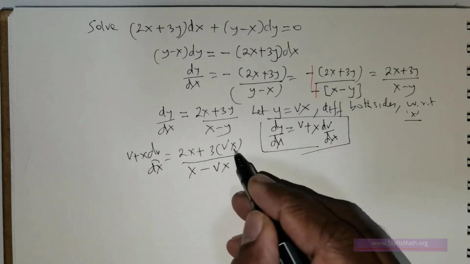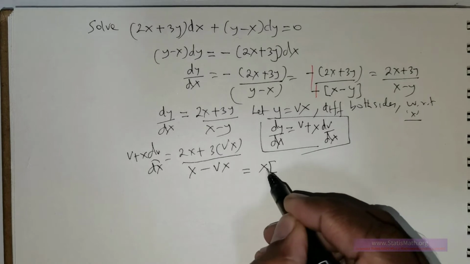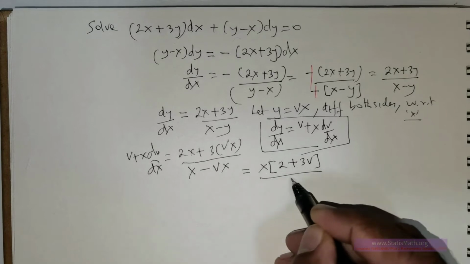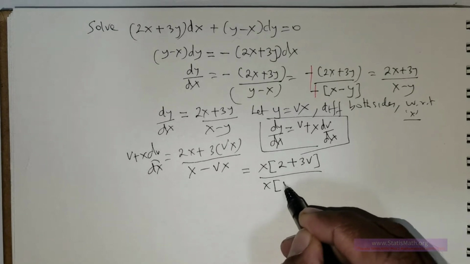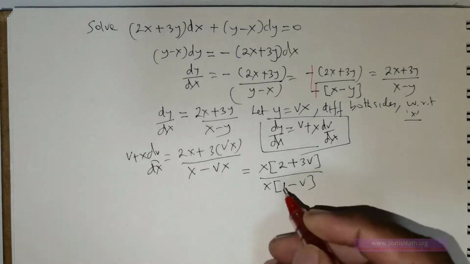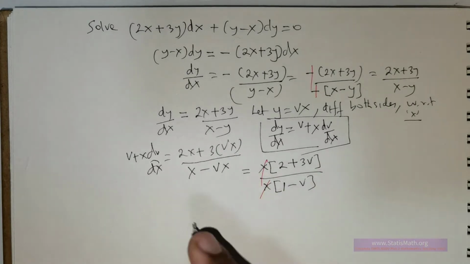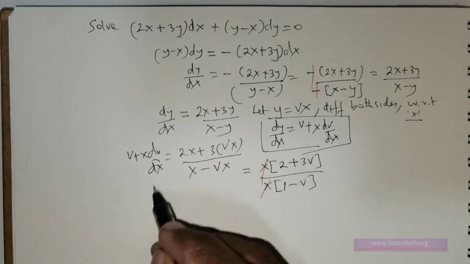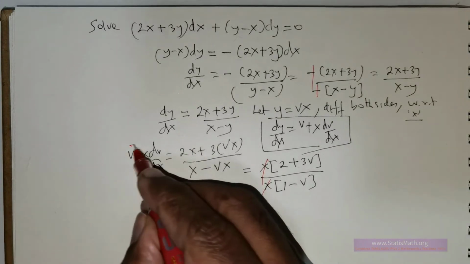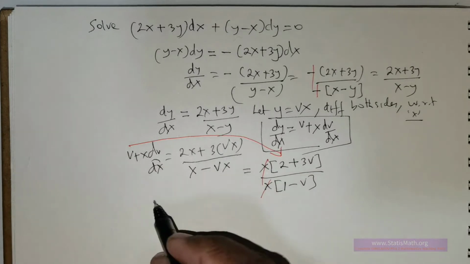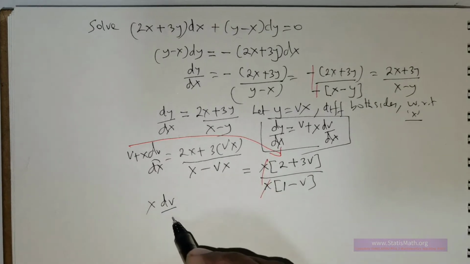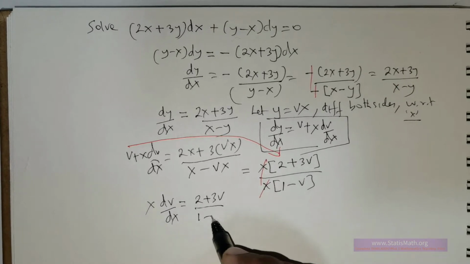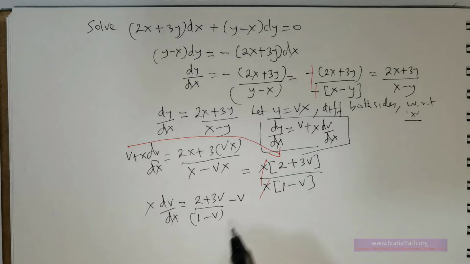With x as a common factor taken out, I would have 2 + 3v divided by (1 − v). Now clearly the x's can be cancelled. Now the v that you see here can be moved to the right side, so I would have x dv/dx = (2 + 3v)/(1 − v) − v.